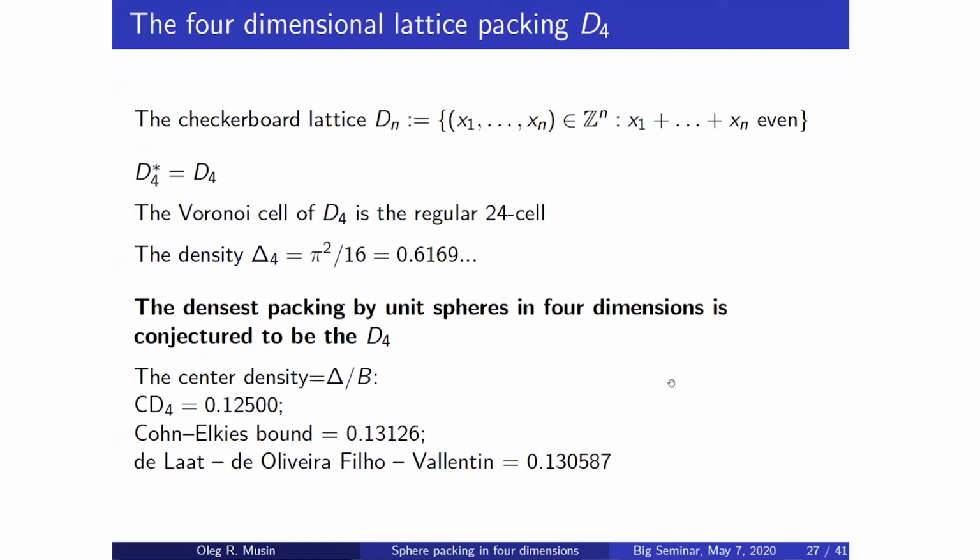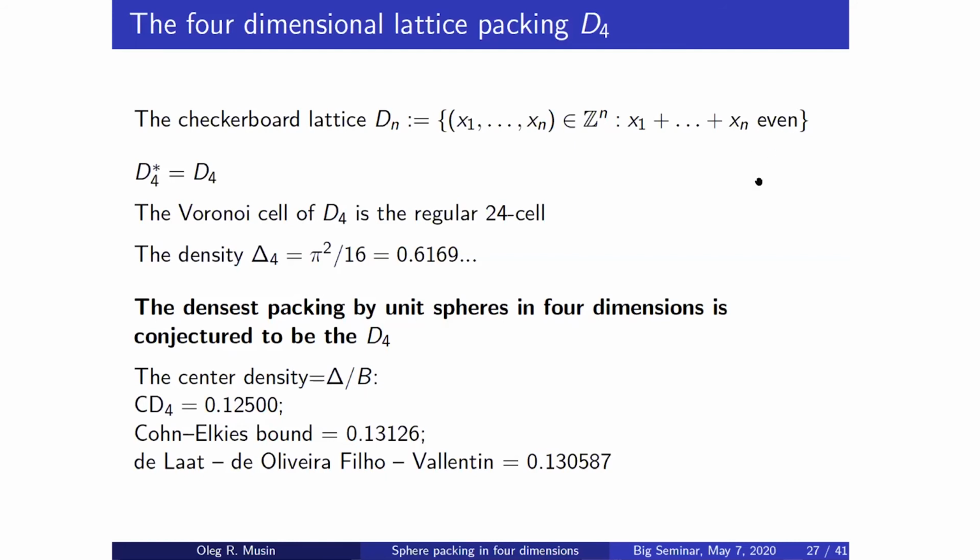The actual definition of the checkerboard lattice D_n is the integral points in n-dimensional space such that the sum of coordinates x1 plus and so on plus xn is an even number.